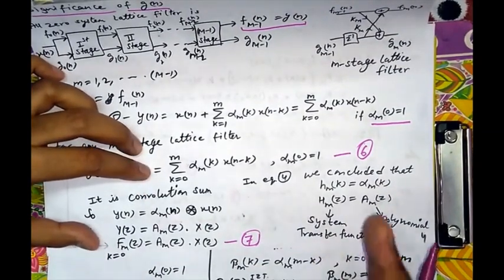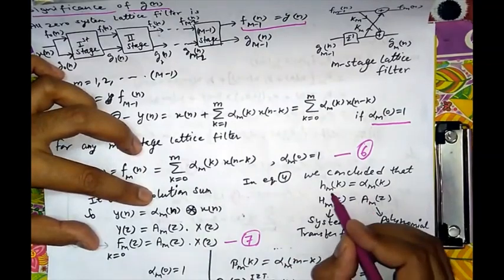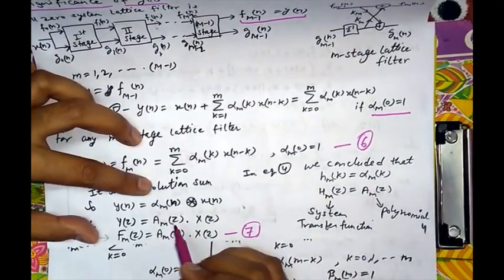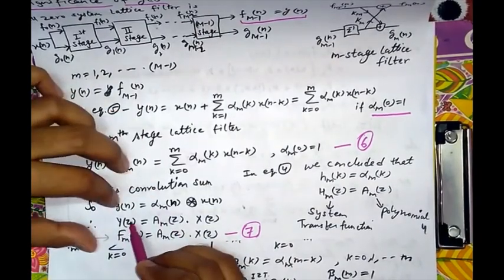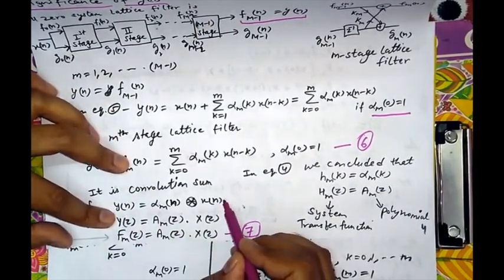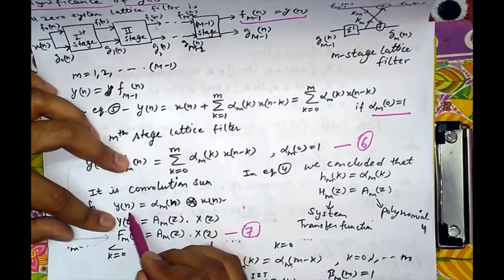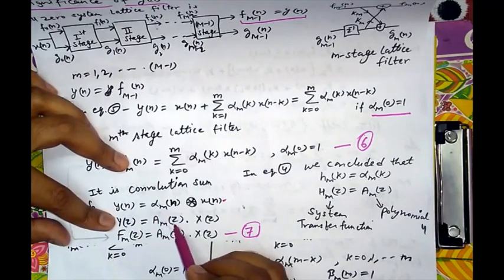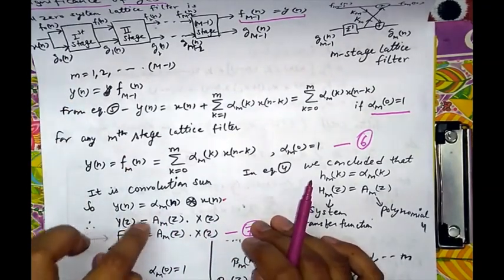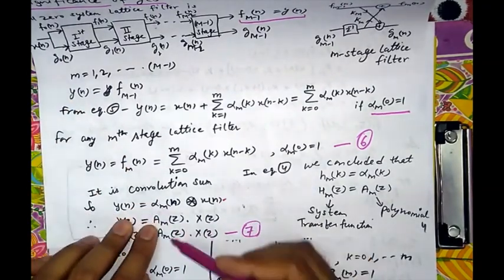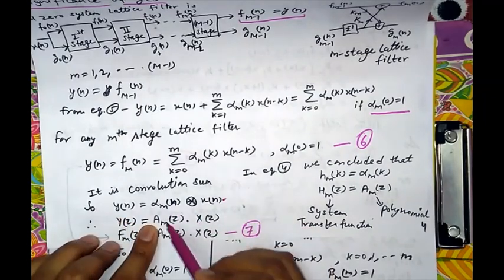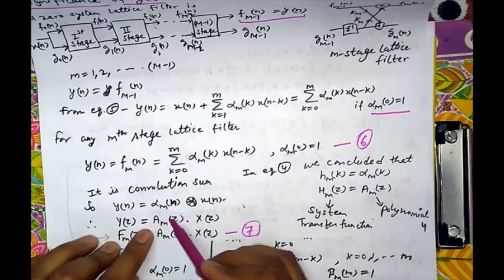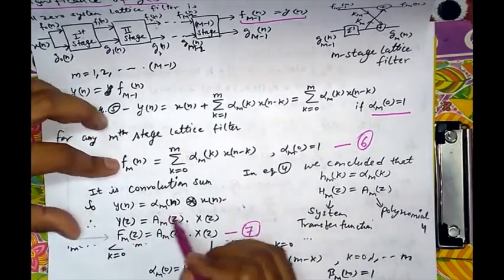So just for the polynomial part, we have assumed that this h is now the alphas, the coefficients of that filter, alpha mn. So it is just a time domain expression. So we have taken the z transform of this expression, that is Yz equal to Amz Xz, and again the same value we have already iterated in previous slides, that alpha and A are z transform pairs. One is in the time domain, the other in the frequency domain, z domain.